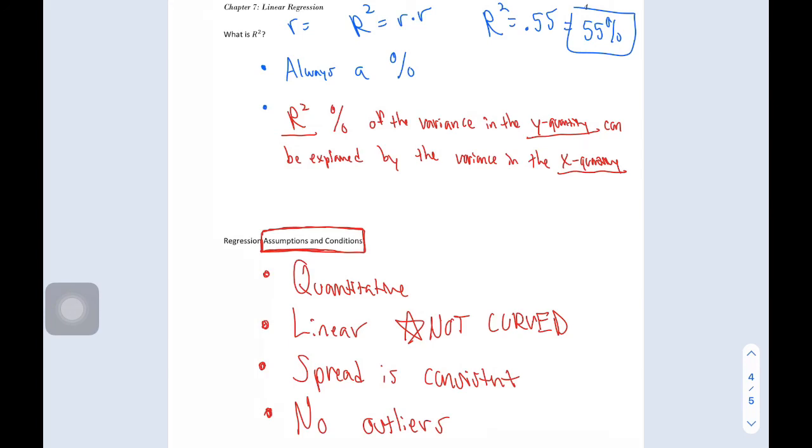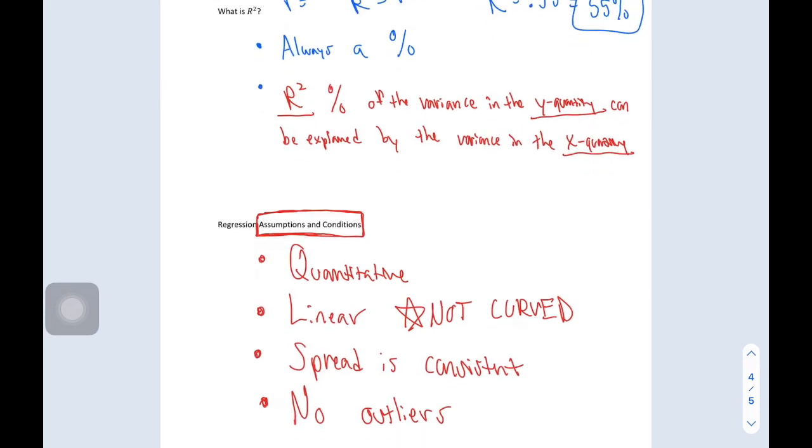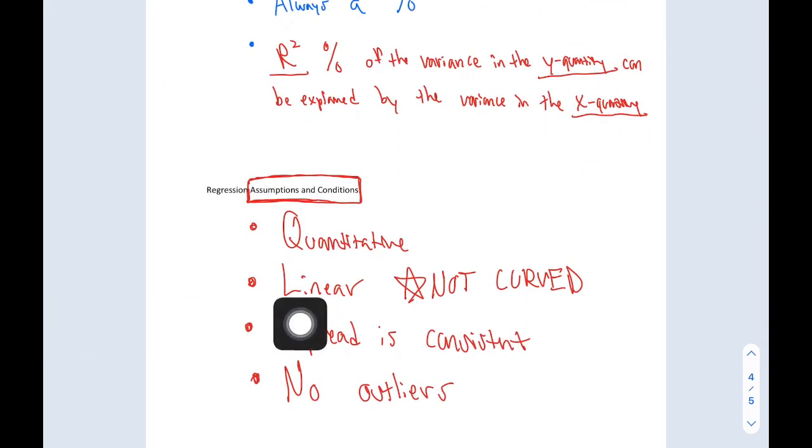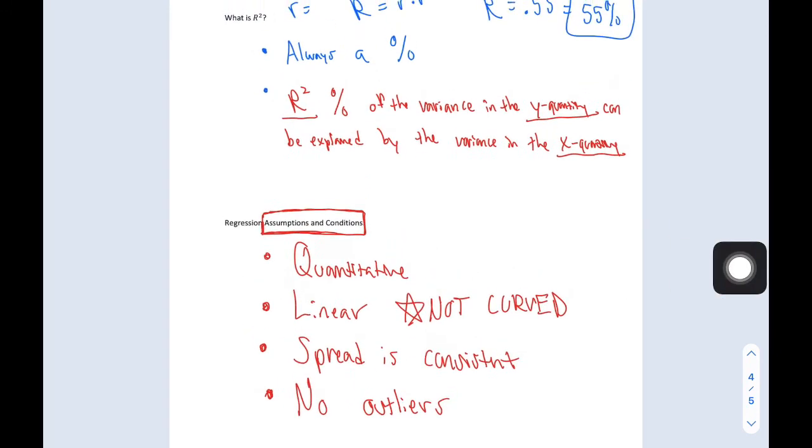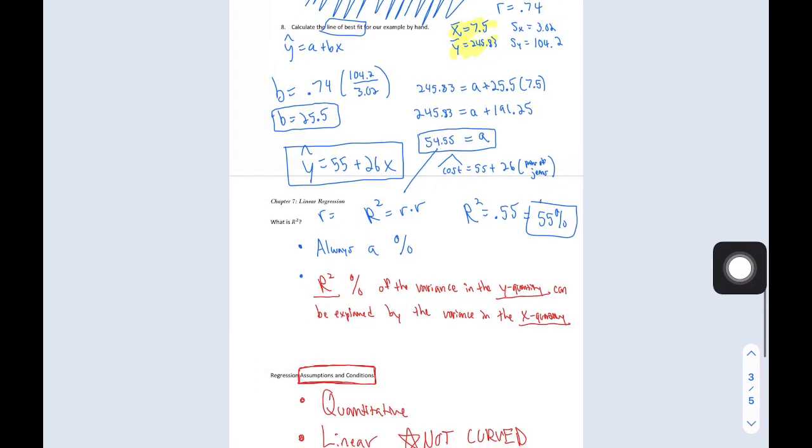Otherwise, you're running tests for wrong types of data. So in this case right now, all I really want you to know at this point, for linear regression, we should have quantitative variables, so we can have a scatter plot, and then we should have a linear form. It shouldn't be curved. All right, these other two are not really important right now. We will come back to this later on in the year.